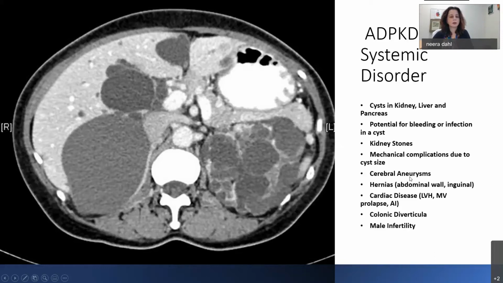There can be intracranial or cerebral aneurysms, an increased risk of abdominal wall or inguinal hernias, and cardiac disease, both in terms of the effect of high blood pressure and left ventricular hypertrophy, and also valvular disease such as mitral valve prolapse. This is just a small, not a complete, list of the other systemic features of ADPKD.